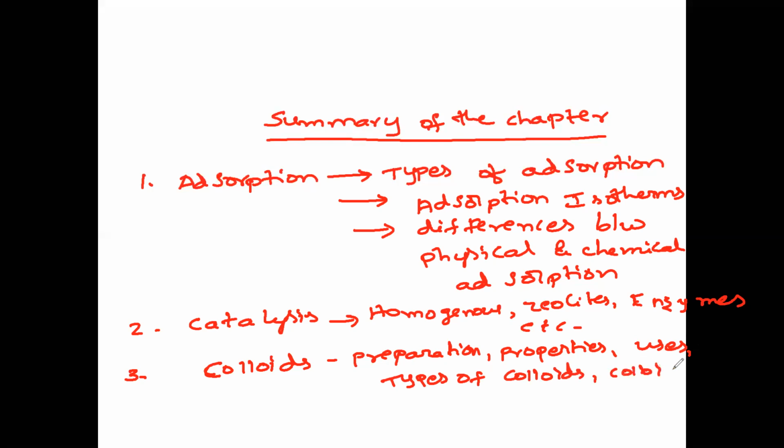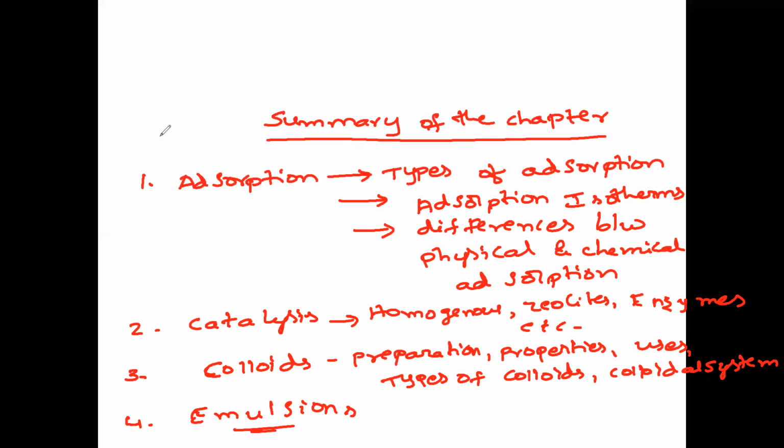We have total 8 systems of colloidal systems. Colloidal system, that is solid in solid, liquid in gas, etc. Next, last topic we have done emulsions. So these are the 4 topics in this chapter. Emulsion is nothing but it is also a colloid, but it's an addition of colloids. So these are the 4 different concepts we have done from this chapter.